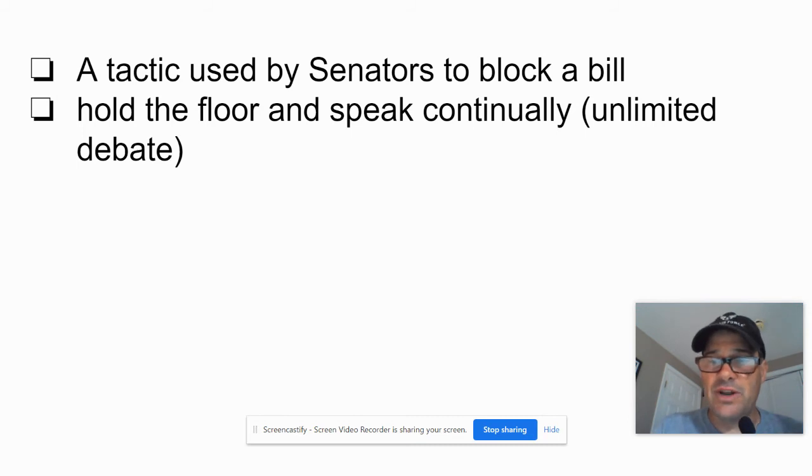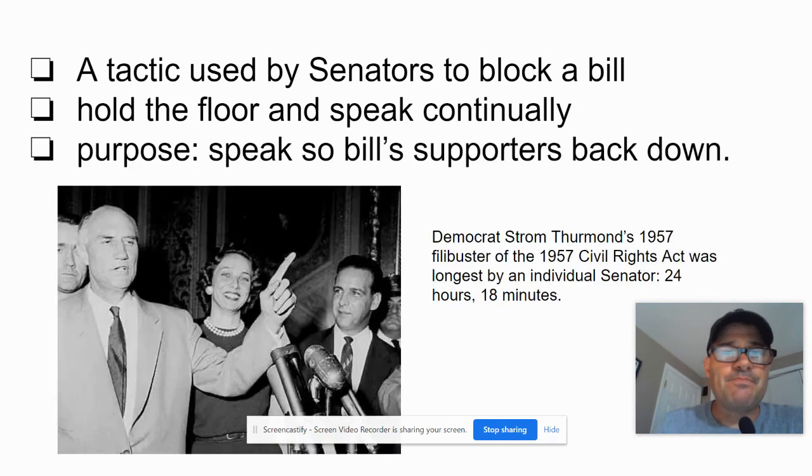The cost used to be you had to get up and speak. Now the cost is, I just stop a bill and I don't have to do anything. We'll just all go home and not do a darn thing. And so the Senate passes far fewer bills now. They get very little work done, and they filibuster everything. So again, the purpose is to make the bill's supporters back down and just let the bill die.